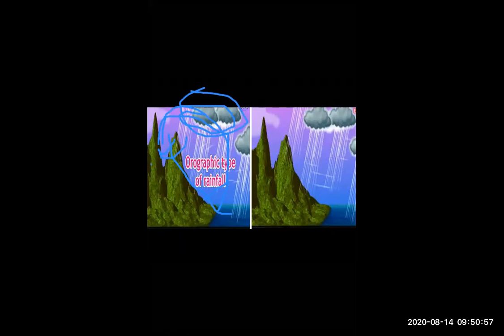But what happens in the rain shadow region? For example, this is the right hand side of a mountain and this is the left hand side of a mountain. On the left hand side, there is rain.